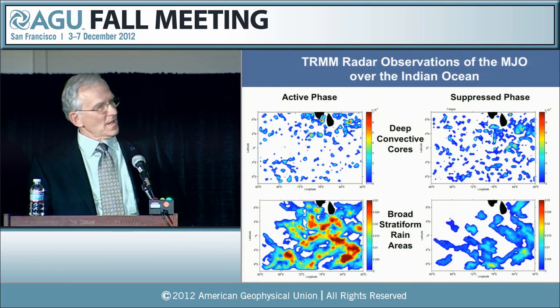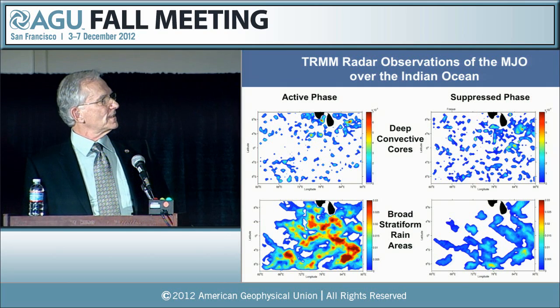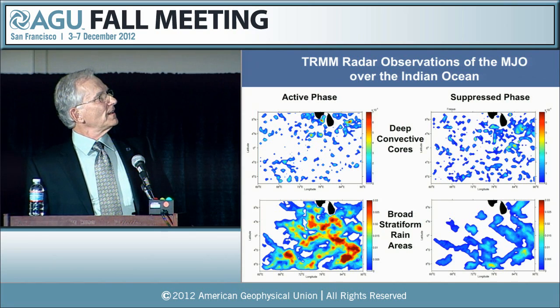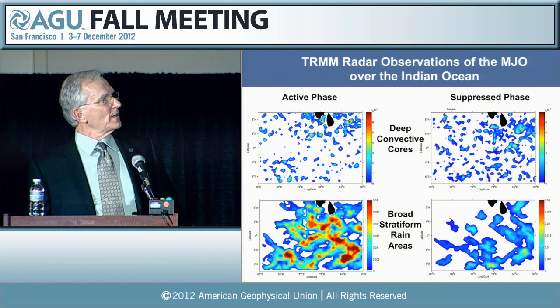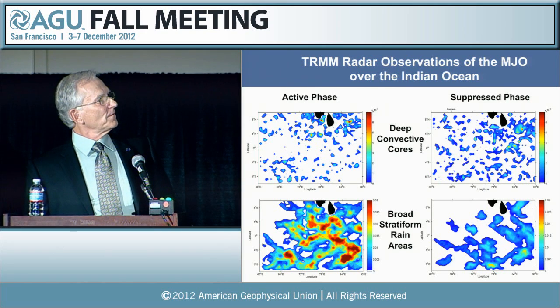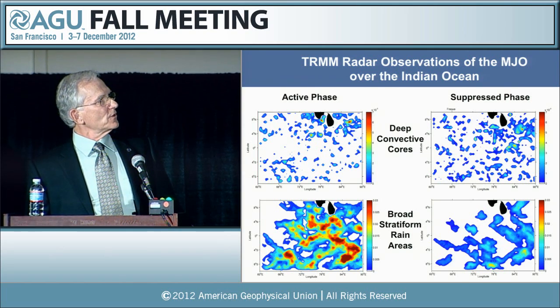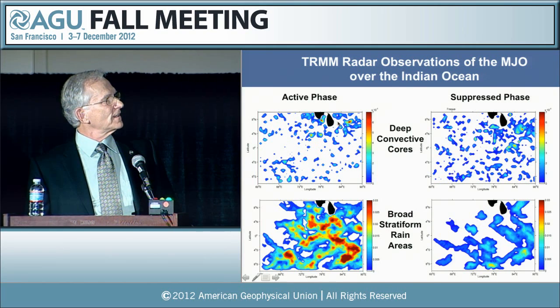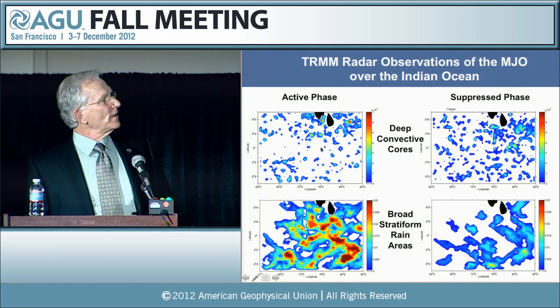And here is what we've done with Hannah Barnes. I forgot to put her name on here. We have done this survey of all the TRMM radar observations taken over 14 years. This is over the Indian Ocean basin, and you can see Sri Lanka there to orient you, with the equator down here.